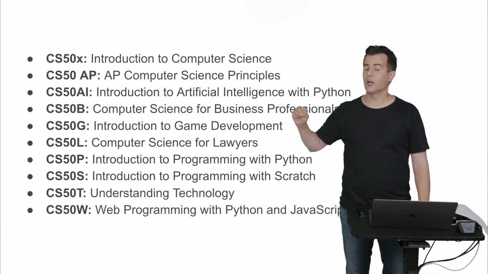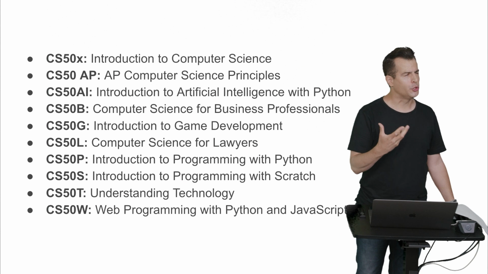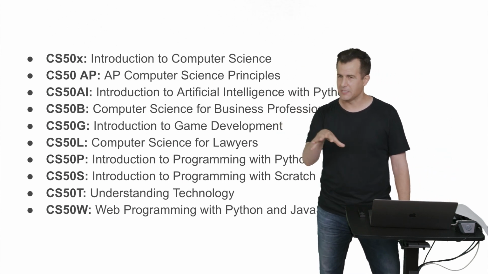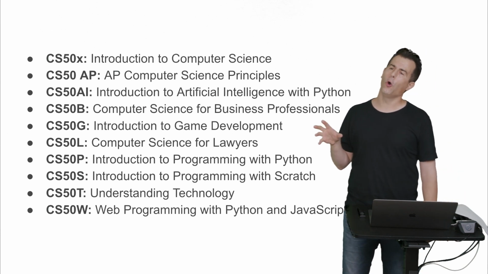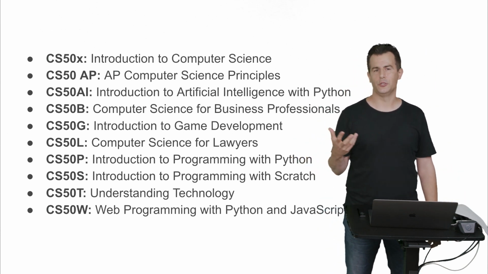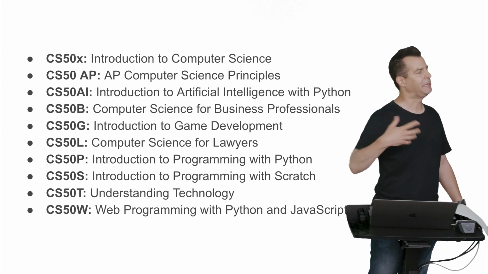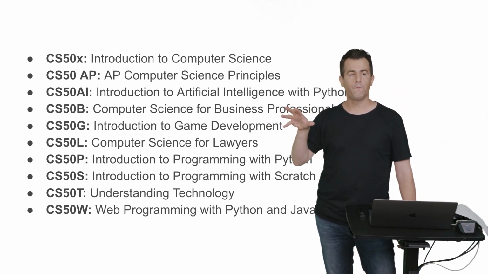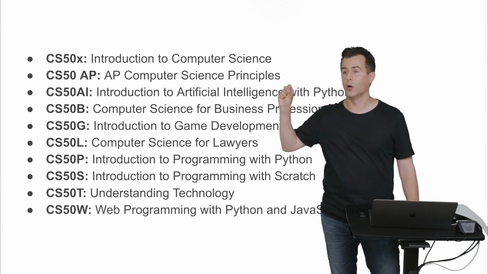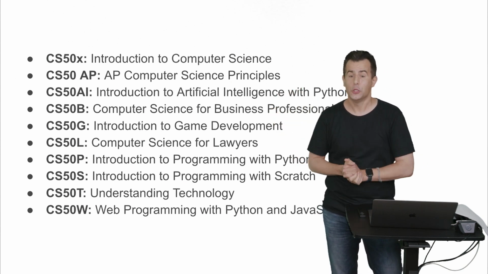CS50T is an introduction to understanding technology. So it's similar to CS50B, the business class, similar to CS50L, the law class, but it focuses more on consumer-type technologies, how the internet works, how your own Mac or PC works, and uses some of the shared backbone, but focuses really on folks who aren't necessarily business or law-centric, but more generally using technology.